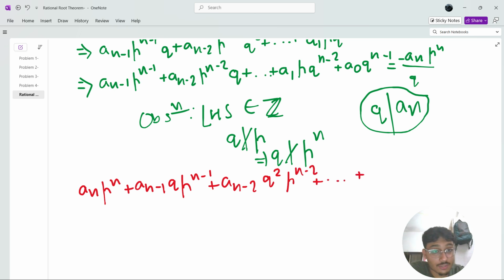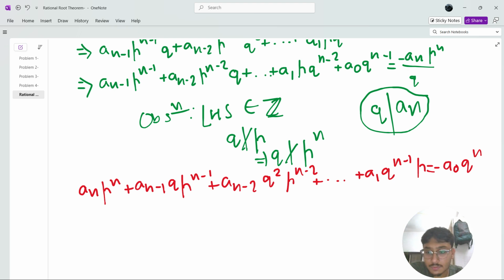I am writing the same equation, okay? a_1 q^(n-1) p is equal to, I'm going to take my a_0 term to the RHS, that gives me minus a_0 q^n.